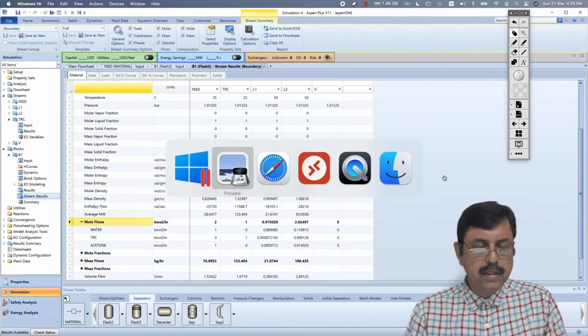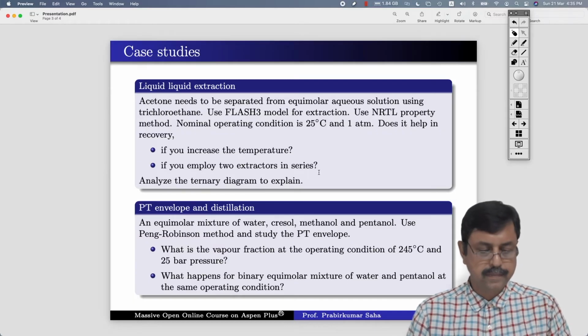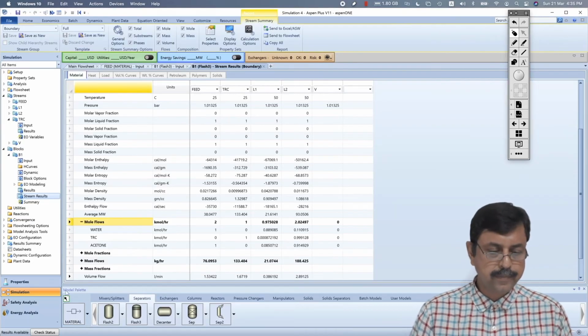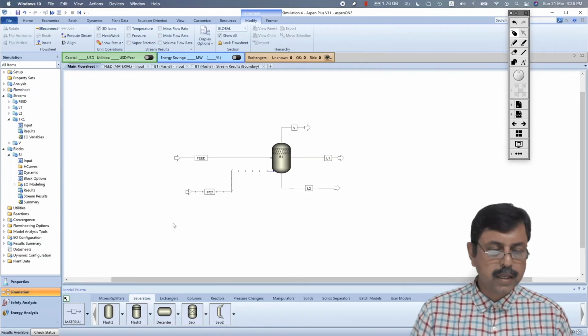Now, the second option, it is saying if you employ 2 extractors in series. For that, let us change our flow sheet a bit. So here we bring in another flash.